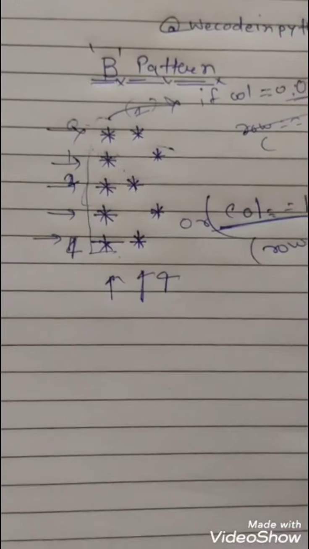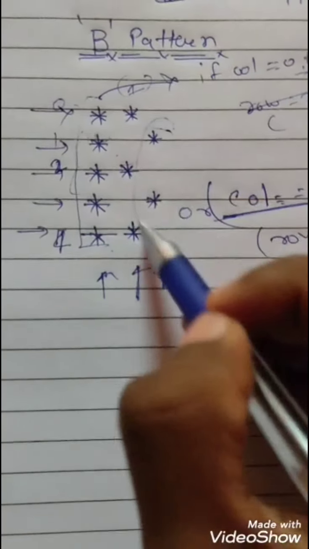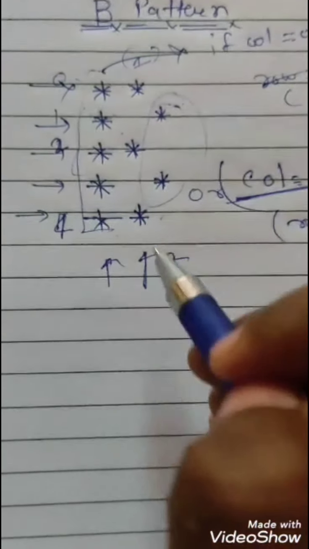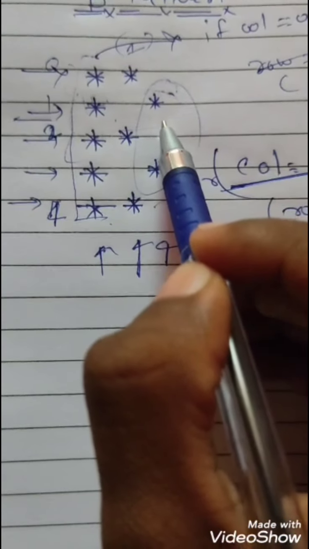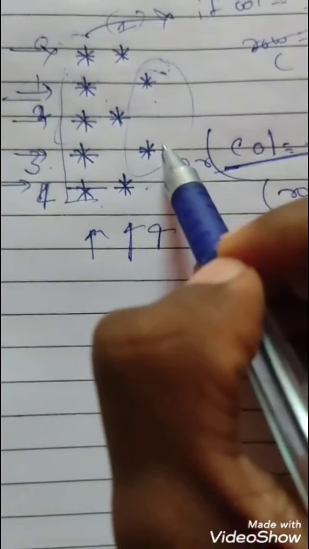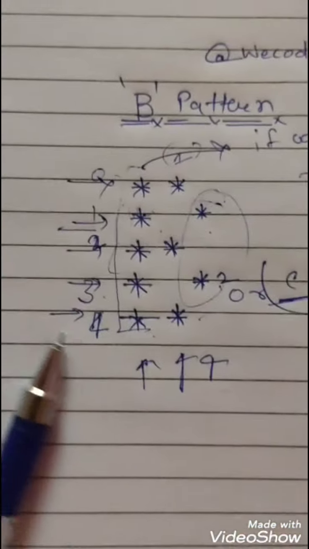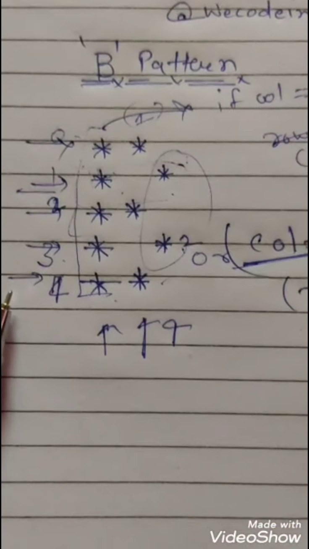So this is how we can do this. And for these stars we can use row is equal to 1 and the column is equal to 2, row is equal to 3 and the column is equal to 2. So let's see on the IDE how we can do this.